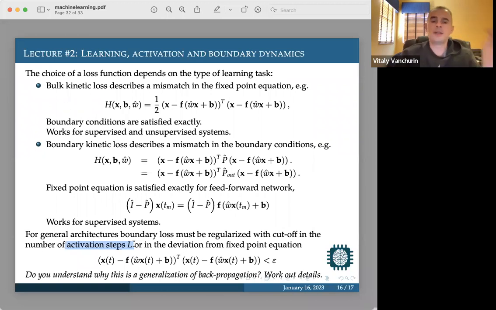You say, all right, I will just do L steps of activation dynamics. And L is fixed. Then I evaluate my loss function, and then I do the backpropagation or whatever I want. How many steps of backpropagation I want is up to me. Second, I do as many steps as needed so that my system converges to the fixed point equation with a certain tolerance, epsilon. Then I reach that point. I don't know how many steps it's going to be, many or fewer.